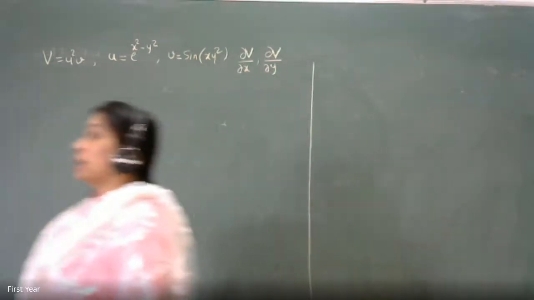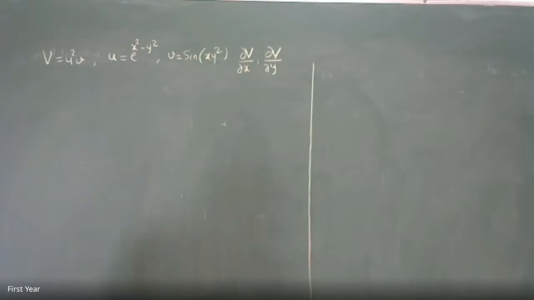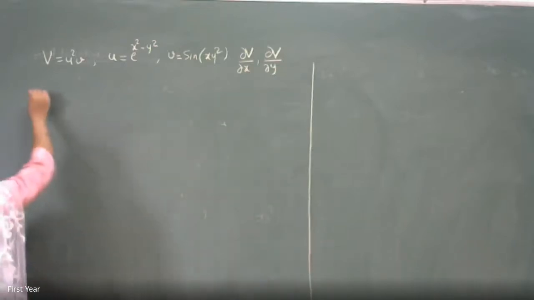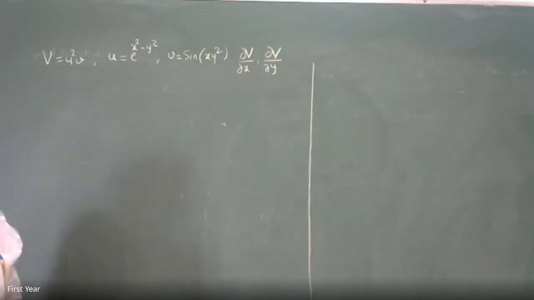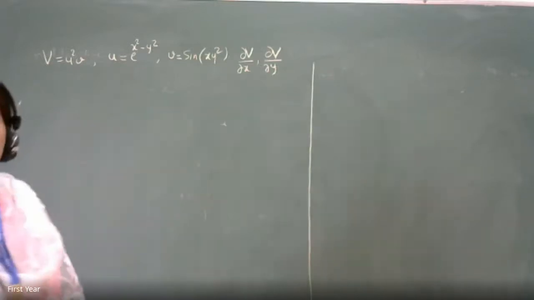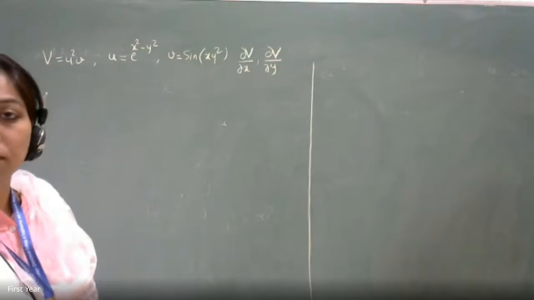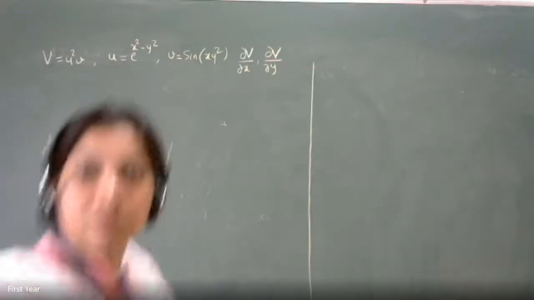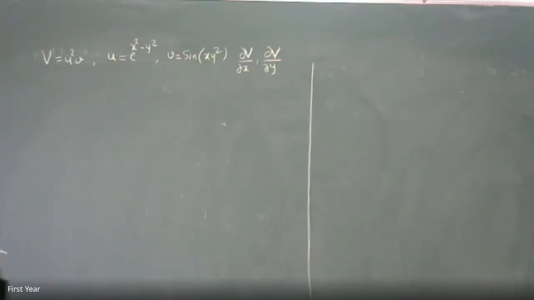Who will tell me the chain? Roll number 56, division D. Can you tell me what is the relation? Who is dependent on whom?